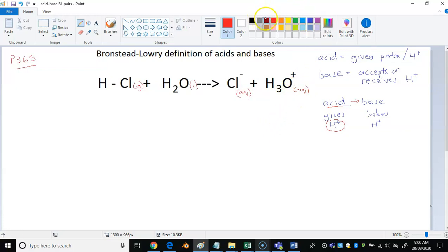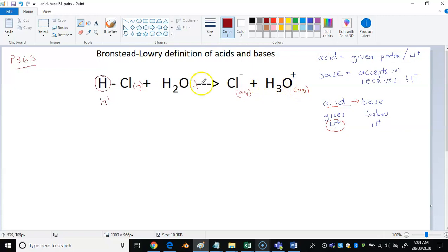And what we can see here is that the hydrogen has lost its electron to become H+. That extra electron has been left with the chlorine to give it an overall negative charge. I'll explain that in a minute. And that has then become attached to the water molecule, which has turned into this here.